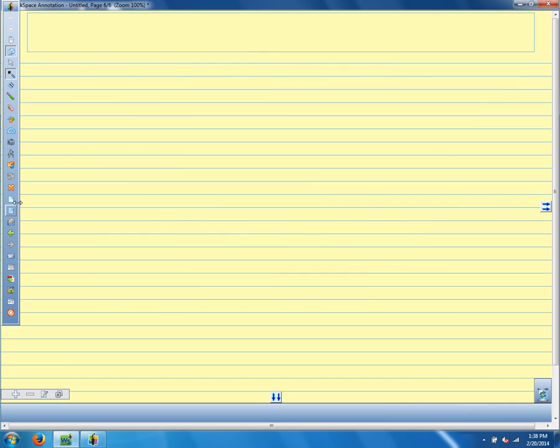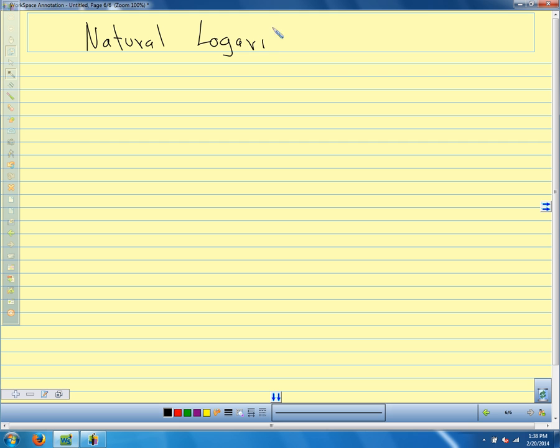Another logarithmic function that comes up very frequently is the natural logarithm. We talked the other day, when we talked about compound interest, we had this quantity 1 plus 1 over x, to the x power, and we talked about what happens as x gets very, very, very large, and we said this equals the constant e.